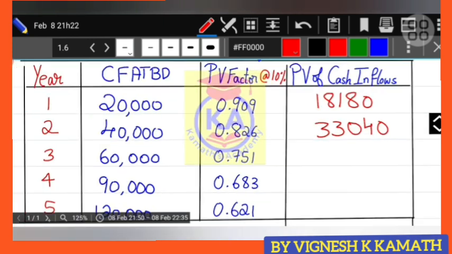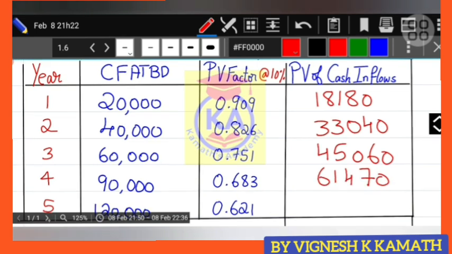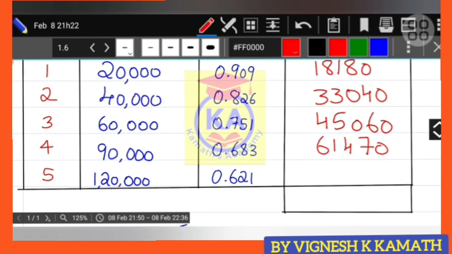Next, for the third year, 60,000 into 0.751, that is 45,060. For the fourth year, 90,000 into 0.683, that is 61,470. For the fifth year, 1,20,000 into 0.621, that is 74,520.